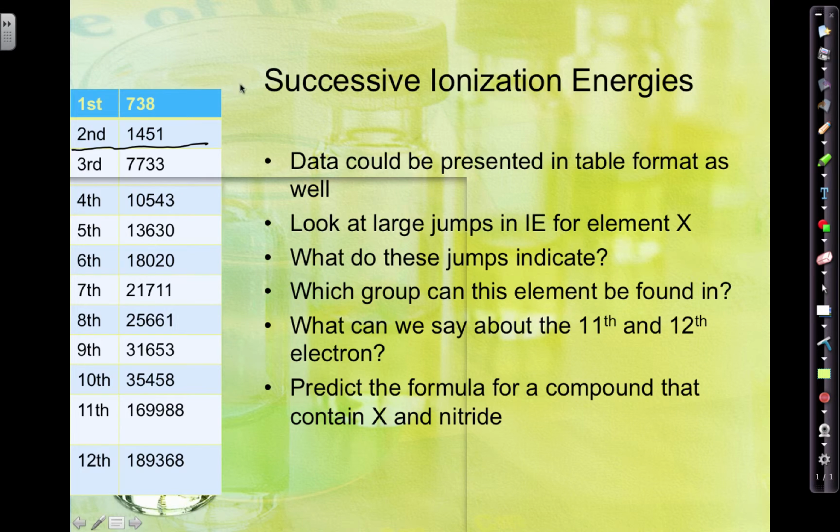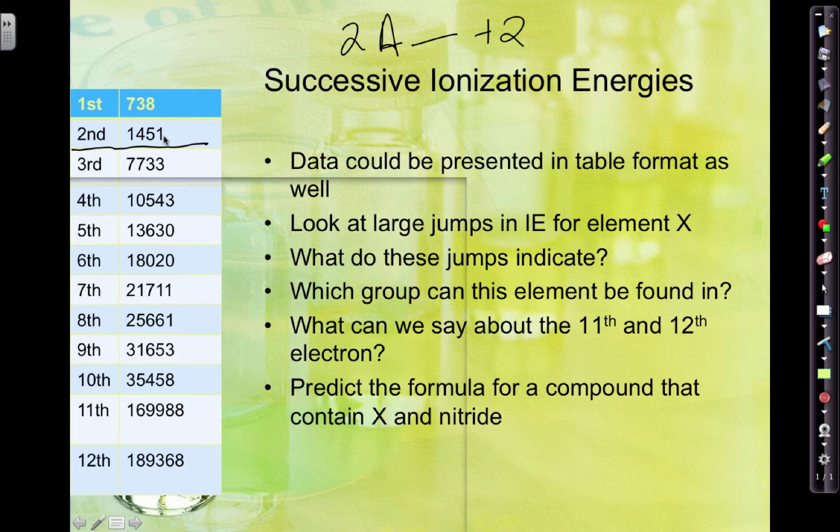So as I remove those 2 electrons, if it's easy to remove 2 electrons, it's probably going to be in the second group, in group 2A, because if it's easy to remove 2 electrons, it's probably going to have a +2 charge.